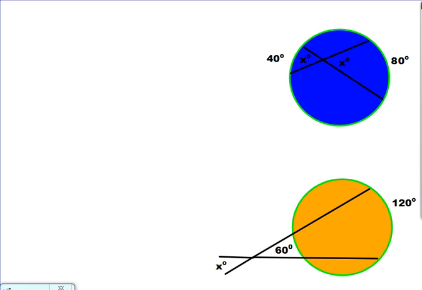Now, we know those x's have to be the same because they are vertical angles, but they're not going to be 40, they're not going to be 80. Here's the rule that we will use in order to solve for x.